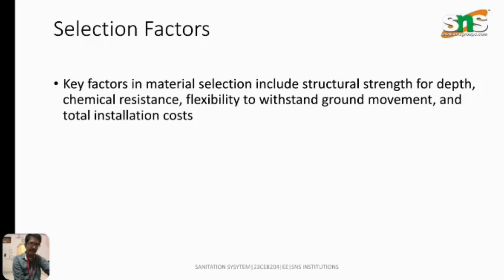Key factors in material selection include structural strength for depth, chemical resistance, flexibility to withstand ground movement, and total installation cost. Here we are discussing how the different materials are used in sewers and how these materials are selected based on these factors.